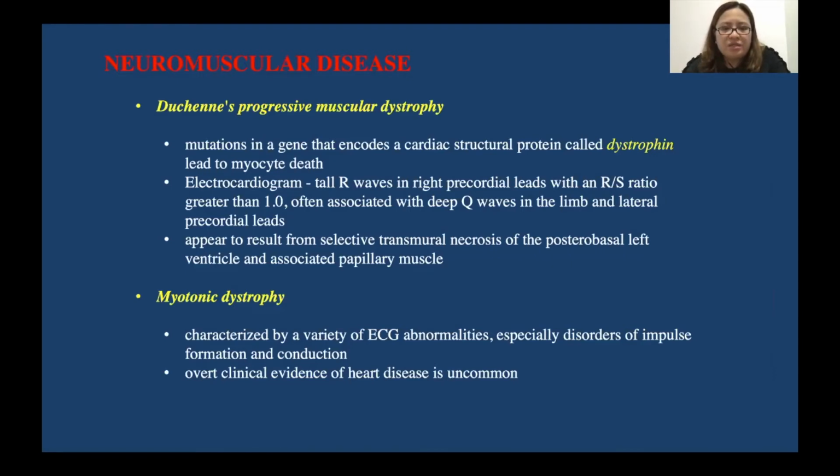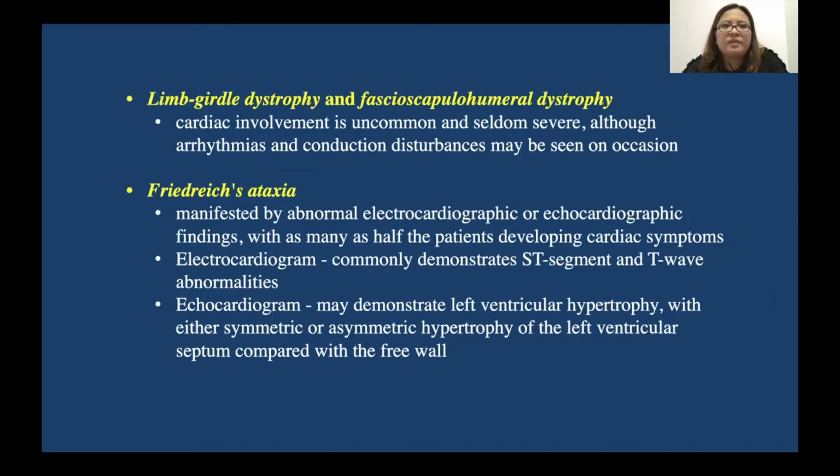Myotonic dystrophy is characterized by a variety of ECG abnormalities, especially of impulse formation and conduction disorders. Overt clinical evidence of heart disease is uncommon for myotonic dystrophy. For limb girdle dystrophy and fascioscapulohumeral dystrophy, cardiac involvement is uncommon and seldom severe, although there are arrhythmias and conduction disturbances occasionally.